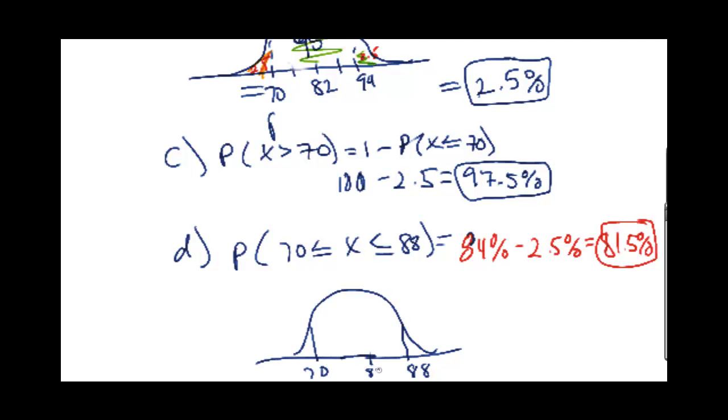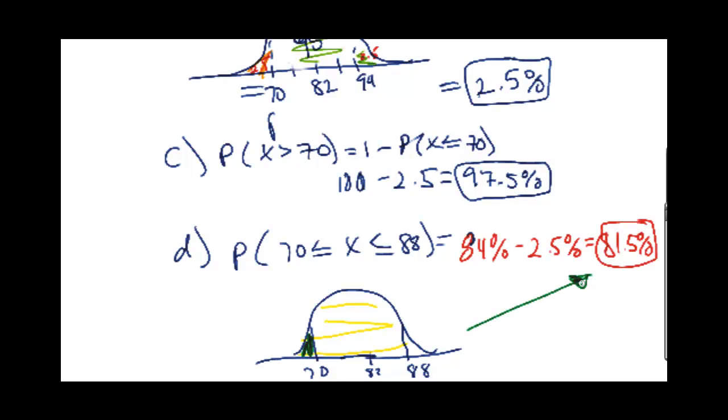And also 82 is closer to 88, however you want to look at it. So if I want it in between these two, I have to take everything to the left of this and then take out that little portion. So we do that 84 minus that 2.5 to get the 81.5.